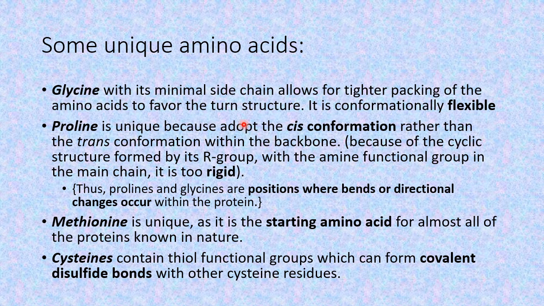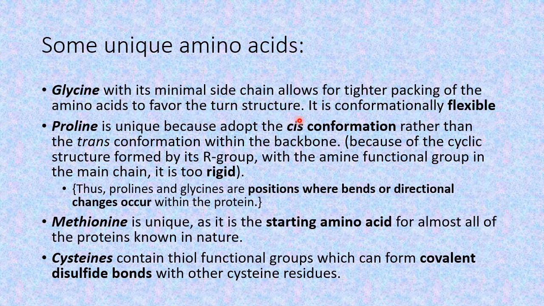And in this manner, it not only provides conformational flexibility, because the two bonds, one by which the amino group is connected to the alpha carbon, and the other by which the carboxyl group is connected to this alpha carbon, these two bonds can rotate, so it permits conformational flexibility to the glycine molecule.